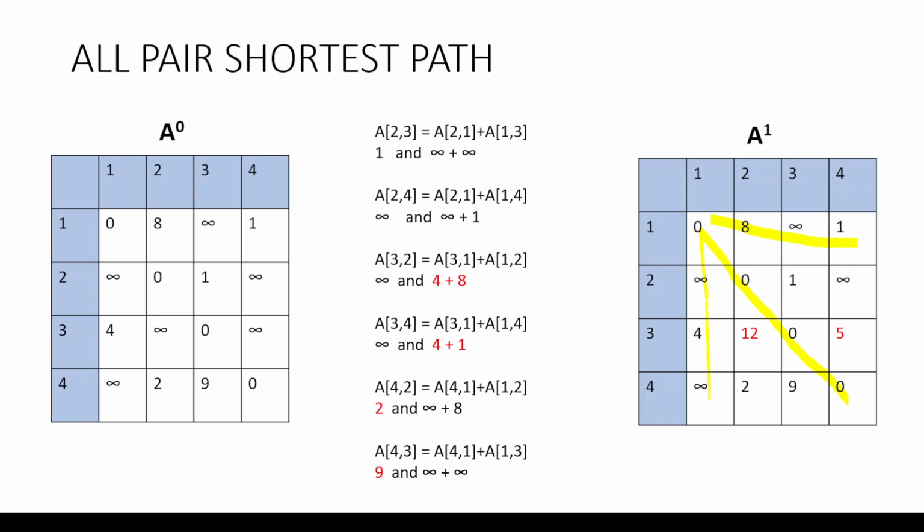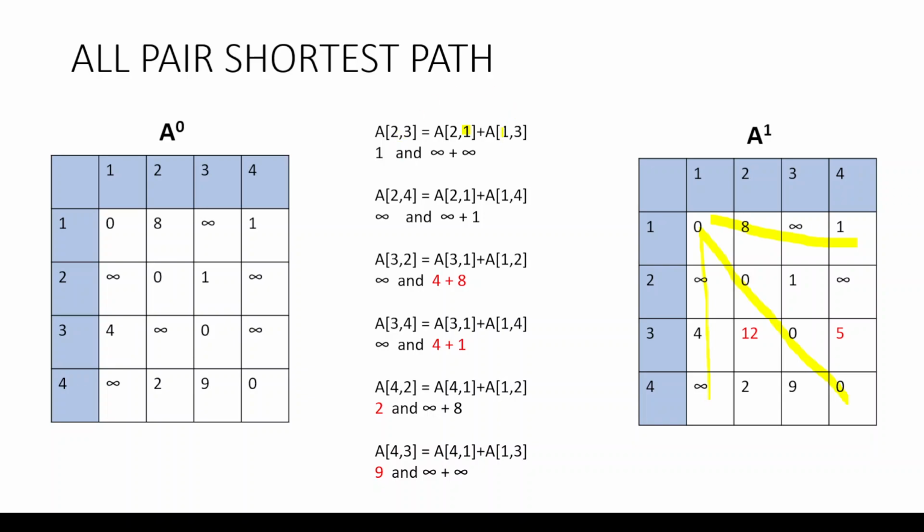Let us find the remaining. Now I have a cost from 2 to 3, so I'll say that the path from 2 to 3 is 1. Now what do I need to do? I need to find if there exists a shorter path where I can include an intermediate vertex 1. So if there is a path from 2 to 3 and I include an intermediate vertex 1, I am trying to find if there is a path from 2 to 1 and 1 to 3.